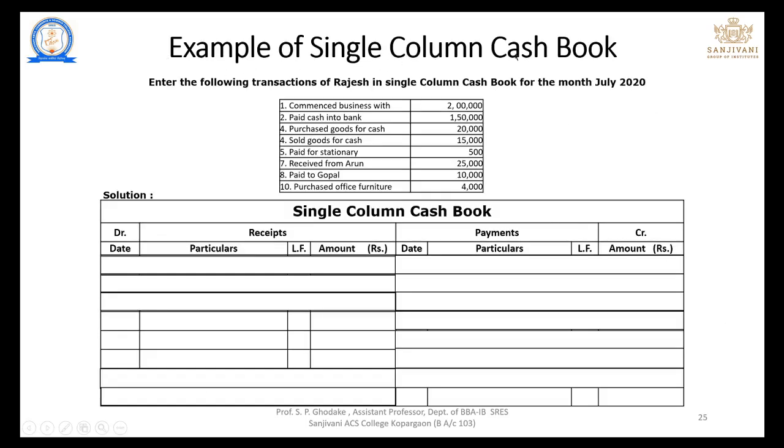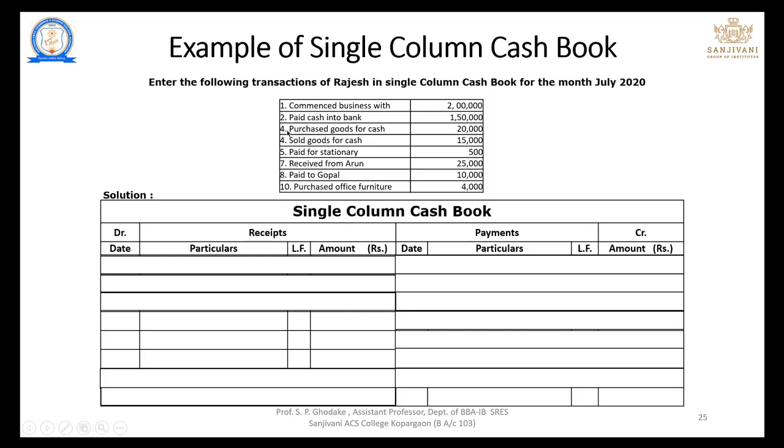So example of a single column cash book. Enter the following transactions of Rajesh in single column cash book for the month of July 2020. So here the transactions are given like: Rajesh on 1st July commenced business with cash rupees 2 lakh. Second, paid cash into bank 1,50,000.